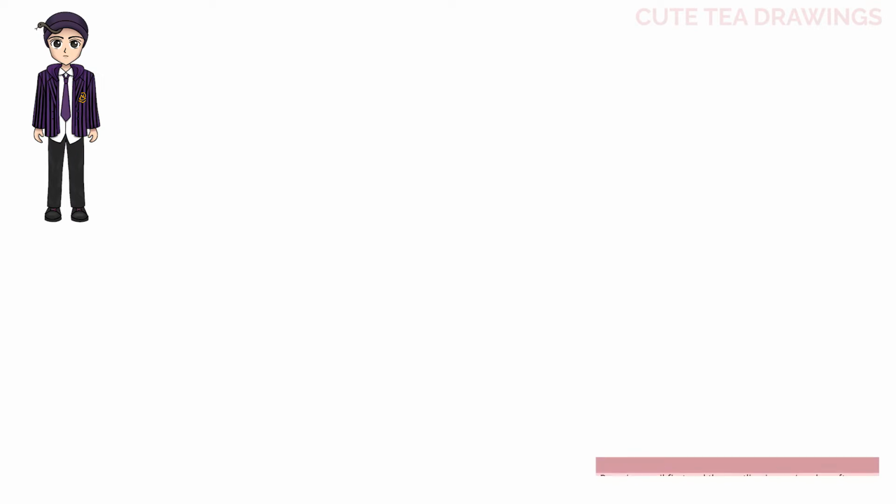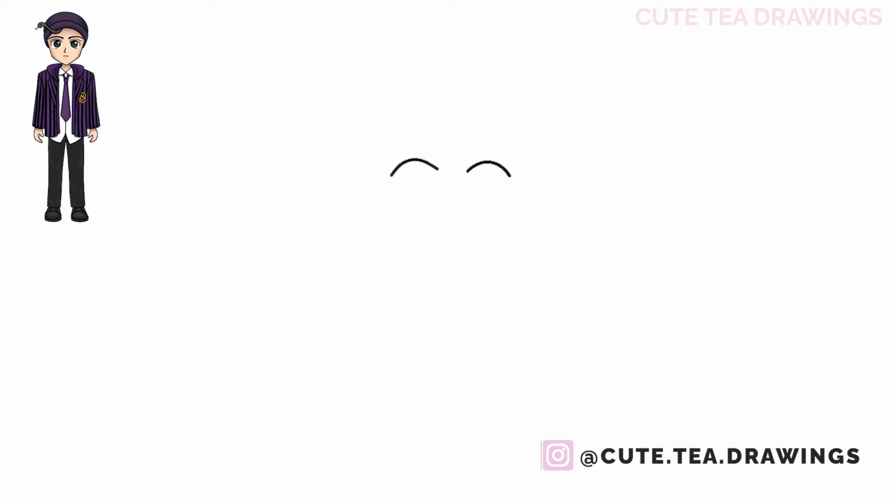With this drawing, I'll be erasing some lines, so I'd recommend drawing in a pencil first. For this drawing, I'm going to start by zooming in on the face. Let's draw a curve for the top of the eyes. Then from the ends, let's draw a small line down.